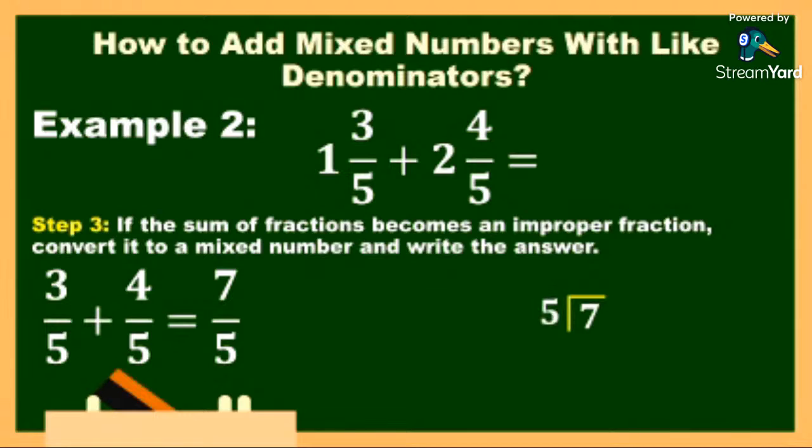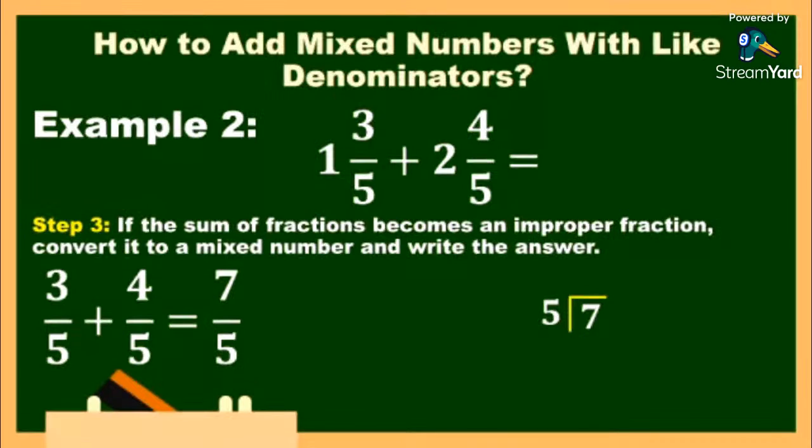So 7 divided by 5 is equal to 1 and multiply the result to the divisor, which is 5. 1 times 5 is equal to 5. And subtract. 7 minus 5 is equal to 2. And since 2 is not divisible by 5, we will use 2 for the remainder.